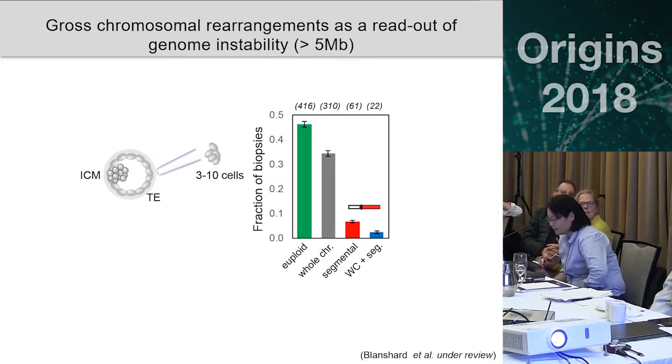I don't want to get into the mosaics, but you can see a fraction of euploid, and about 35% whole chromosome aneuploidies, and segmentals. Here I've illustrated that an arm is missing. The incidence of segmentals and whole chromosome aneuploidies is what you would expect from 2 independent events.